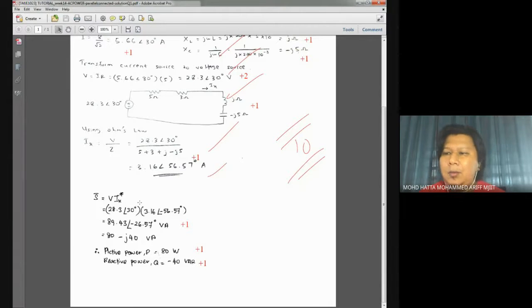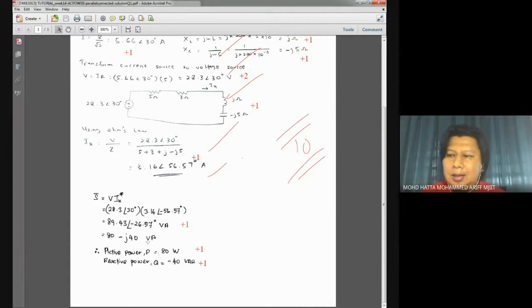Because from the complex power formula, we can easily multiply voltage and current, and the result of the multiplication, which is in polar form, if you convert into rectangular form, you may find that the real part is the active power, and the imaginary part will be your reactive power.